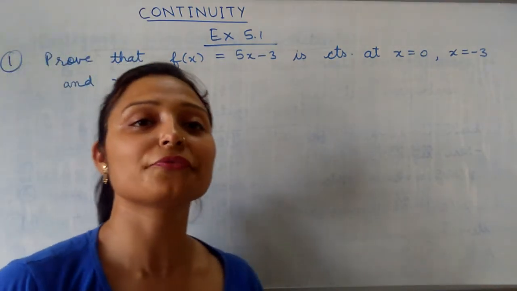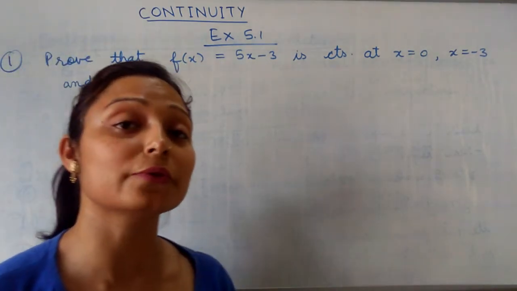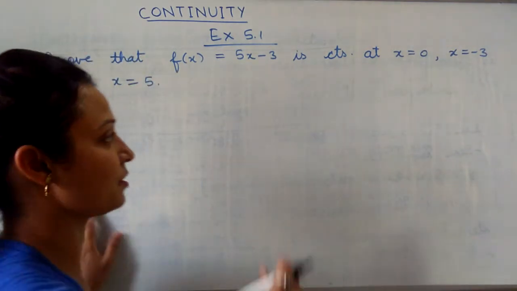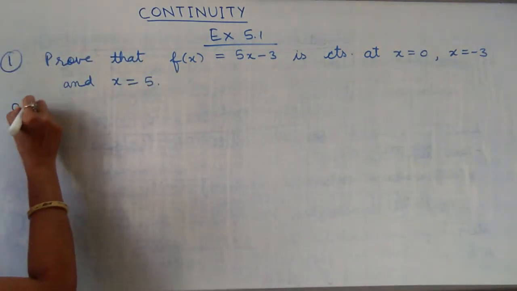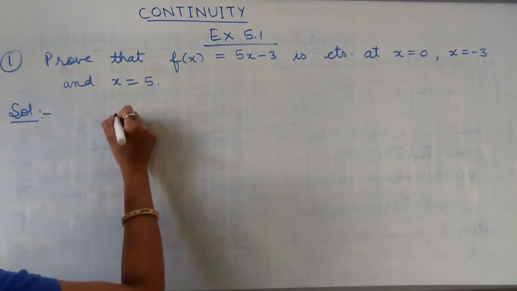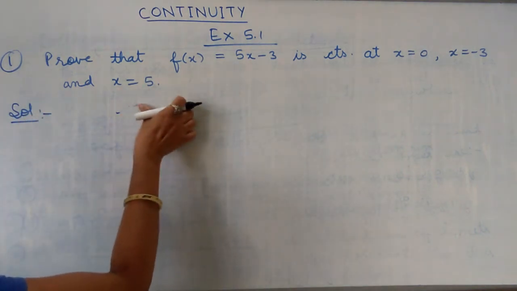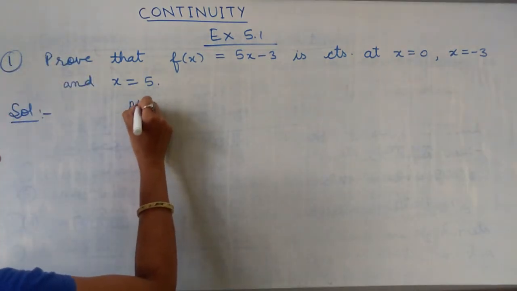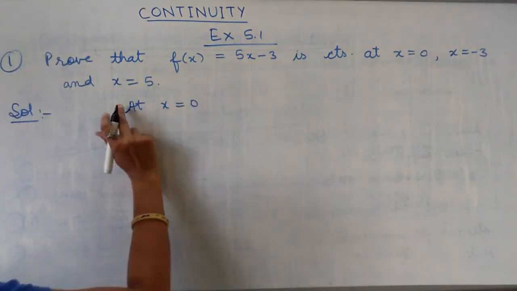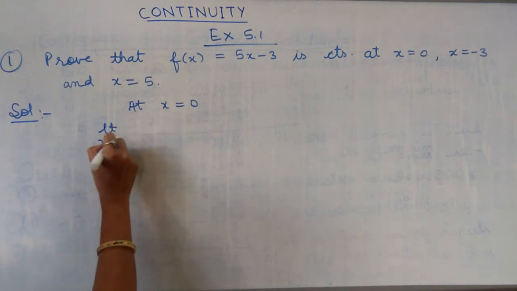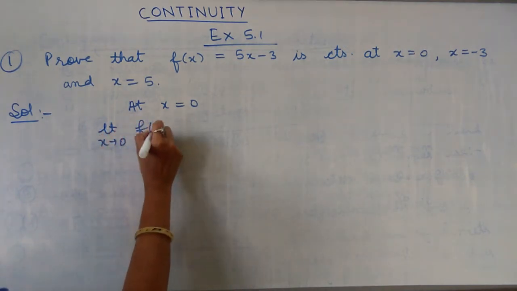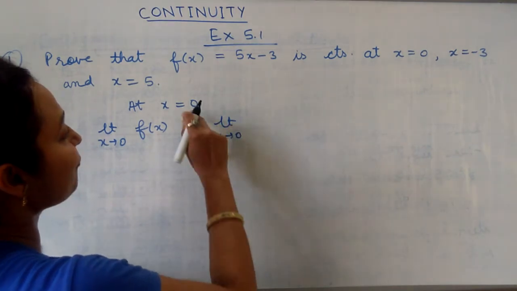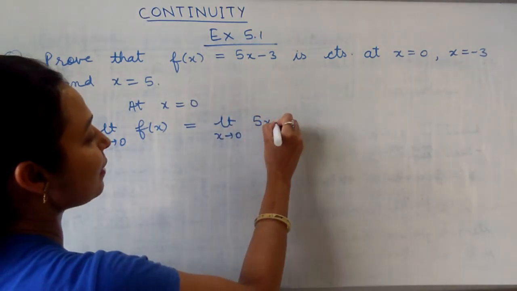I will go through the first definition which I wrote down earlier. Let us start with the definition. If I talk about x equals 0, the limit as x approaches 0 of f(x) is equal to 5x minus 3.